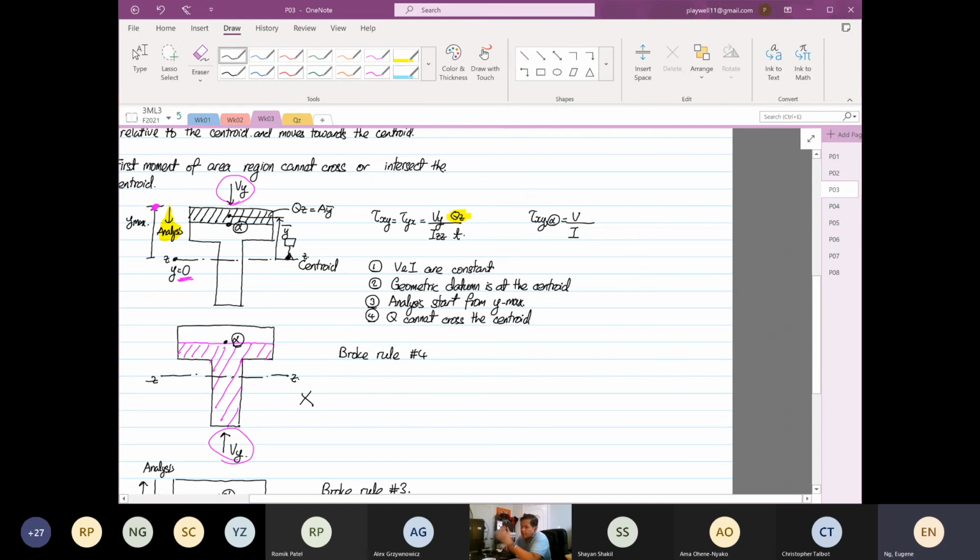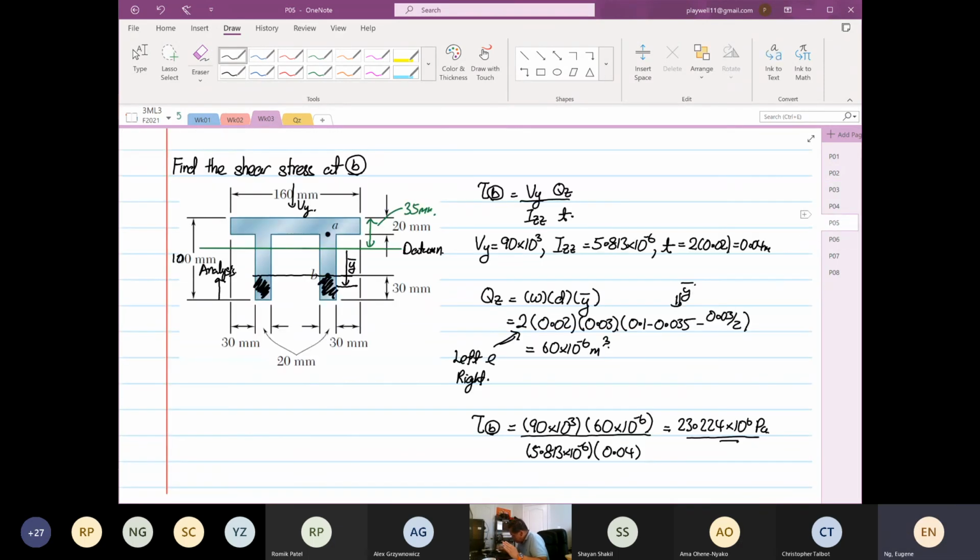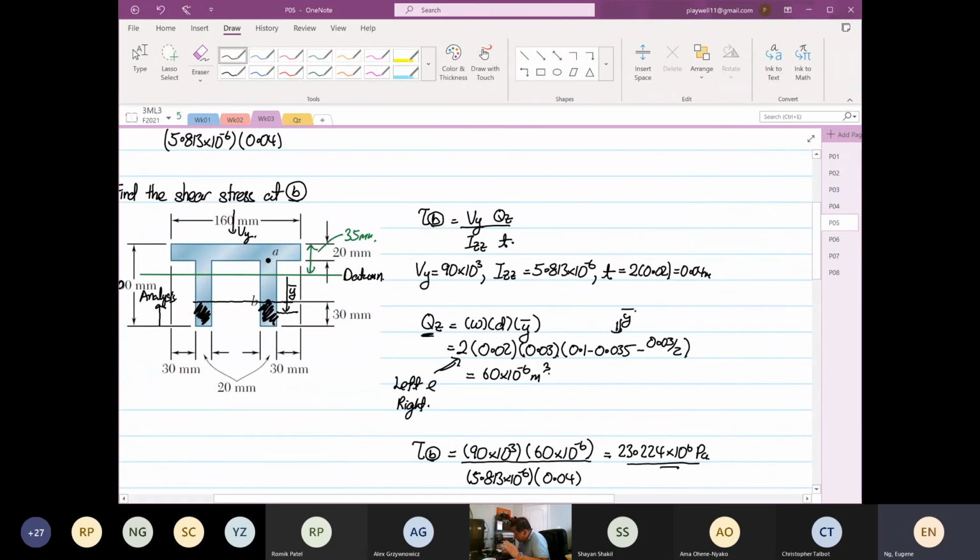These rules cannot be broken. If they are broken, your first moment of area will go stupid. When I say go stupid, it really goes stupid.